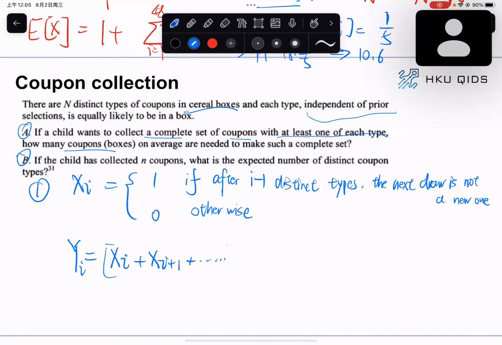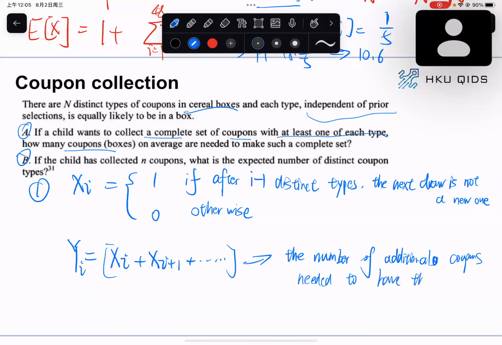And this total sum is going to be what? This is just the number of additional coupons needed to have the i-th new type.